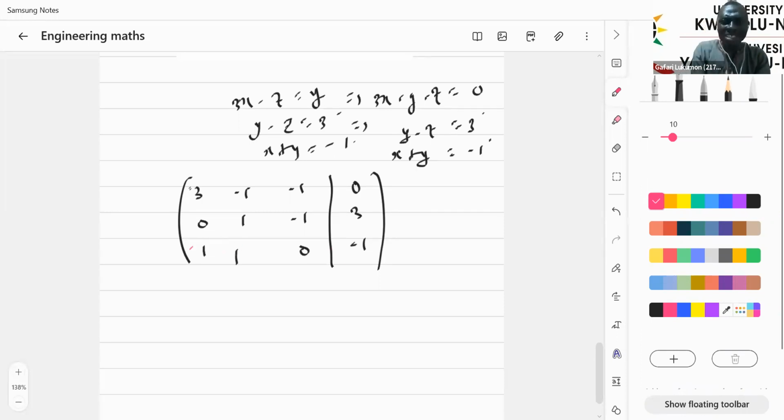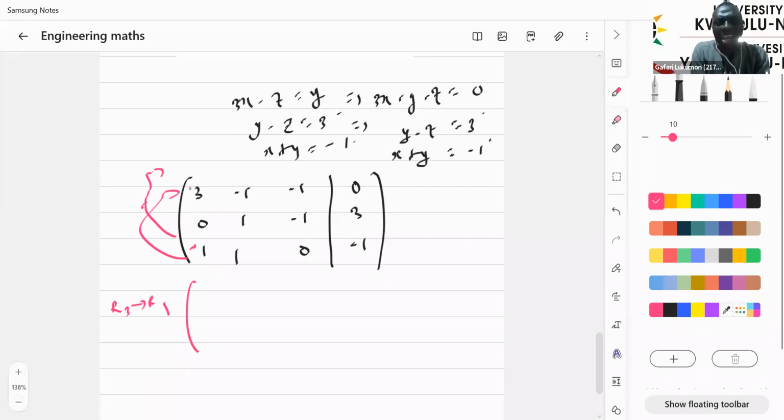For example, now this is having 1 at the first element here. You can interchange the two, and it is allowed. So I can say R3 corresponding to R1, because we want 1 to start here. That's one of the rules you have to take into account.